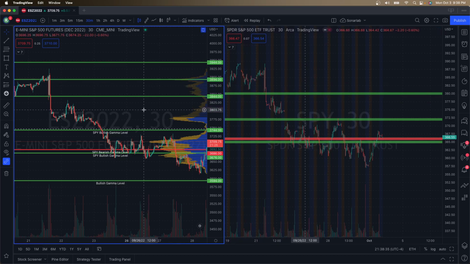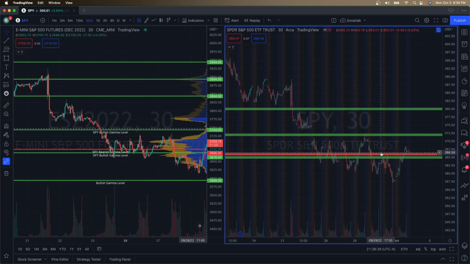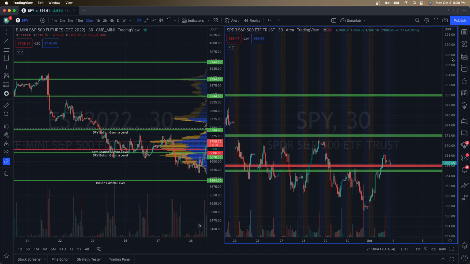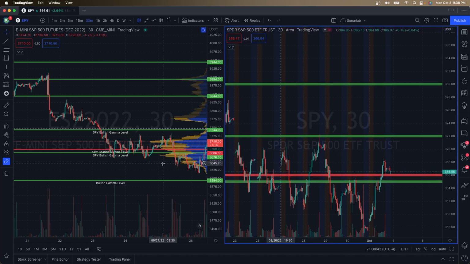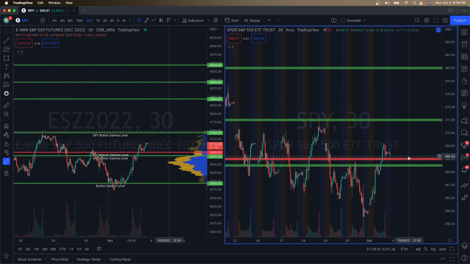If you're trading the futures version, just make sure you look at them side by side and try to line it up with the price action. And the other thing you can do is, now this isn't going to work well because this is in the after hours, and I don't have after hours data on SPY in my TradingView.